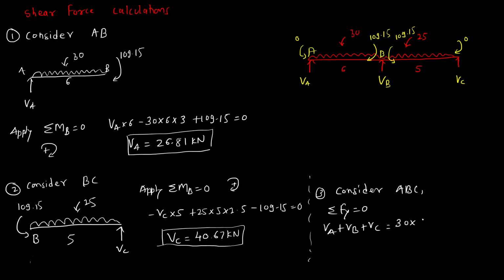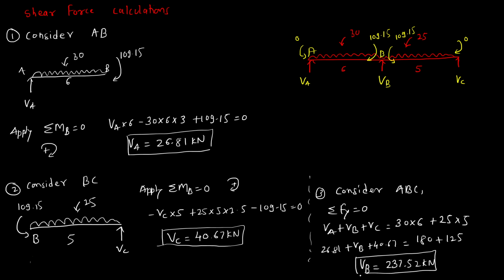So 30 into 6 plus 25 into 5. VA is 26.81 plus VB plus 40.67 is equal to 180 plus 125. After calculation you will get the value of VB as 237.52 kilonewton.